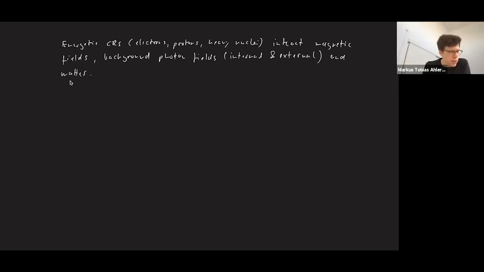So the processes which are particularly important for high energy gamma ray emission, also X-ray emission, are the following. So we have synchrotron radiation.